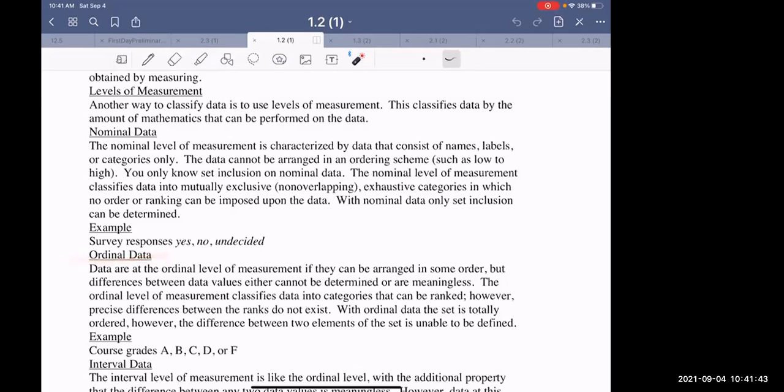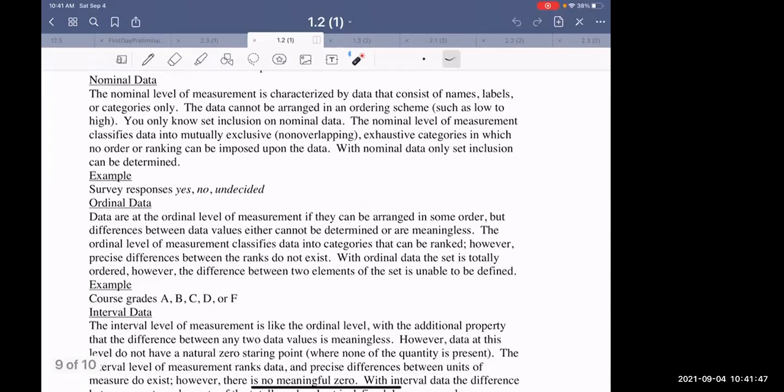Next, ordinal data. Ordinal data will include something in addition to the set inclusion, some additional structure. Data are at the ordinal level of measurement if they can be arranged in some order.